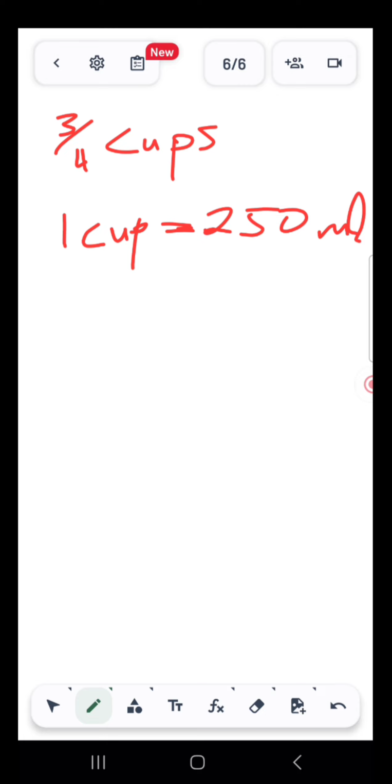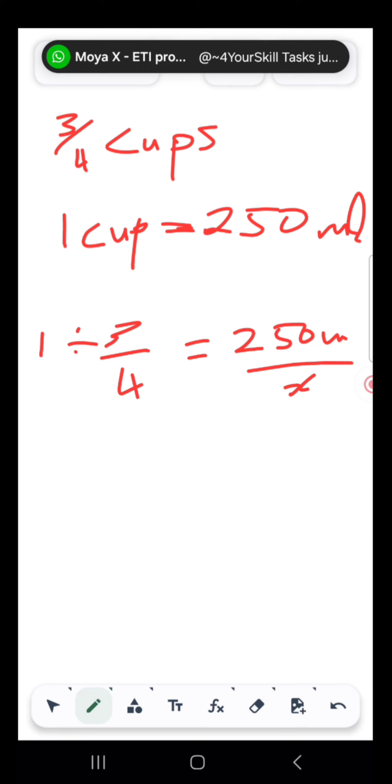We say 1 cup divided by 3/4 cups will be equal to 250 milliliters divided by X.